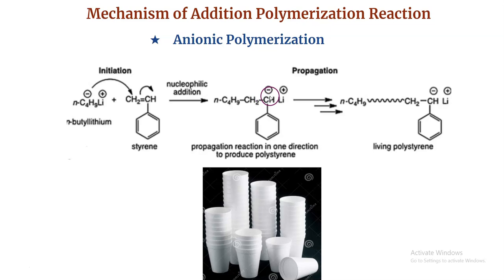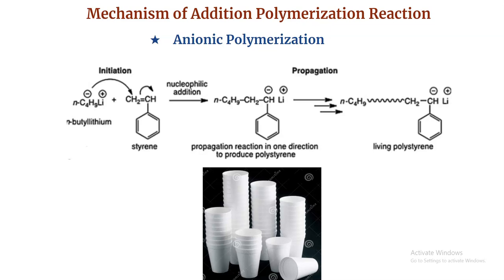Again, this anionic intermediate can attack on this carbon, and you can continue to extend this chain. After a while, you'll get a really long chain carbon compound, and that's the propagation step. At the end, you can terminate this with the use of a counter ion or through another mechanism.